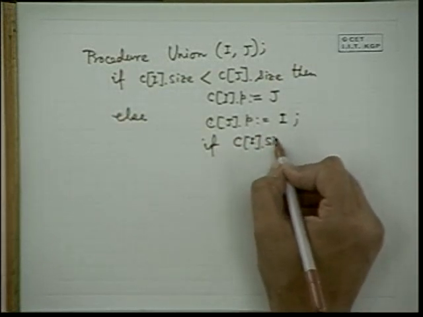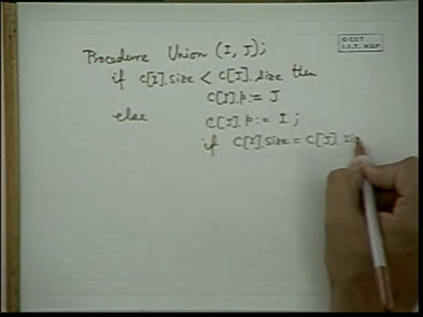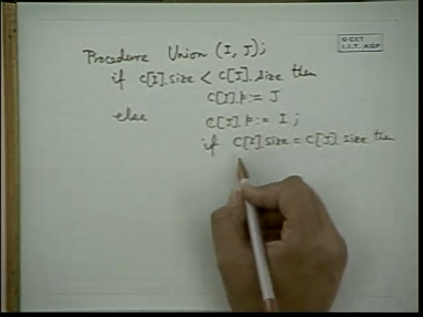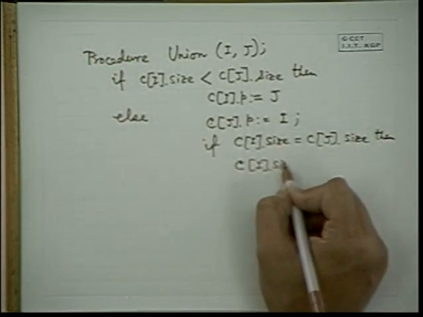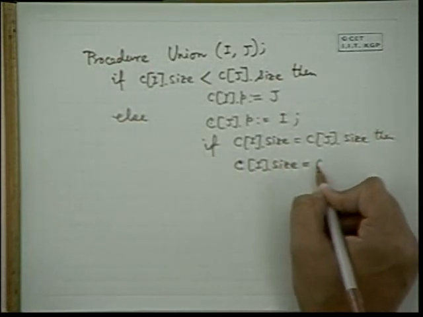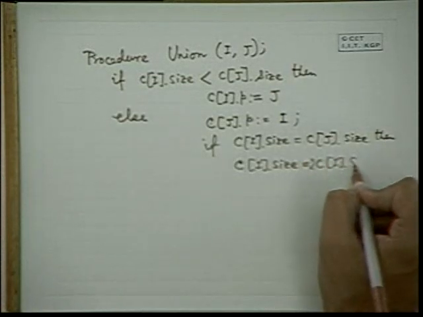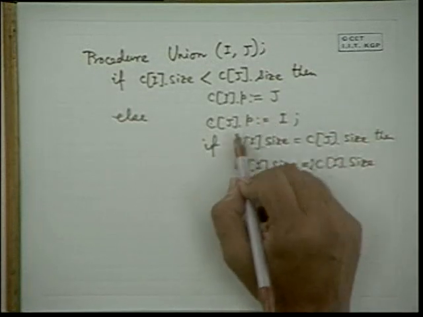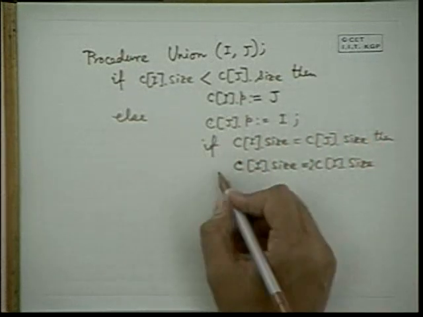So, if Ci size equal to Cj dot size, then Ci dot size equals 2 times Ci dot size, you just update the size field. I did not update the size field for the other one, we can update it after also, it does not matter.